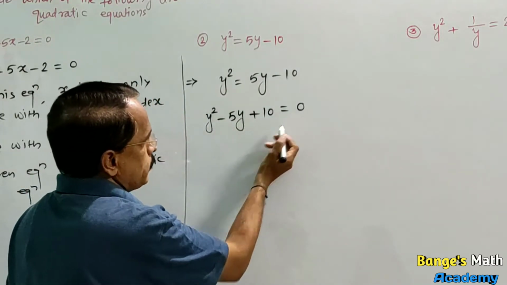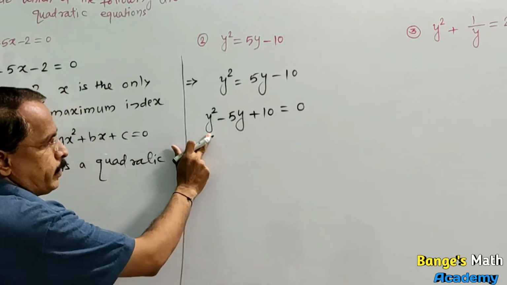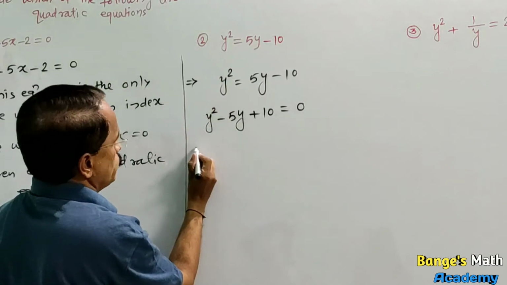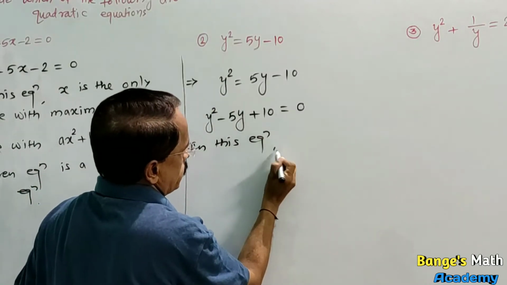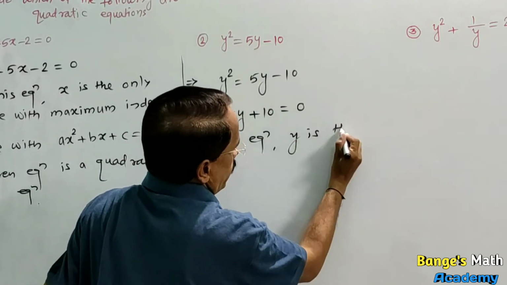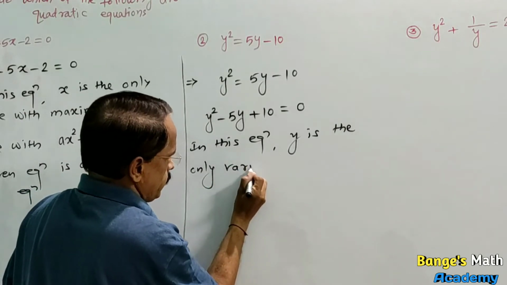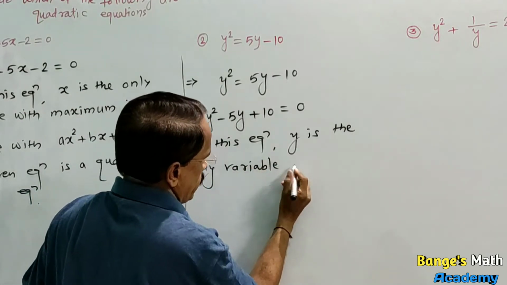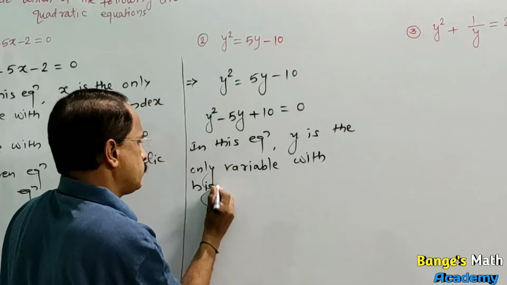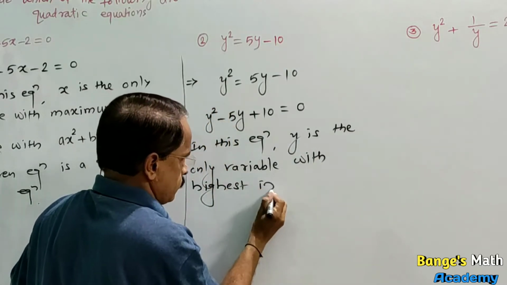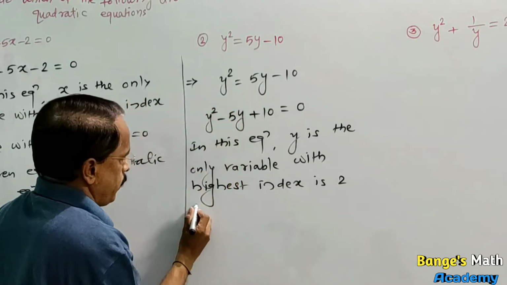Then see, in this equation y is the only variable with highest index 2.